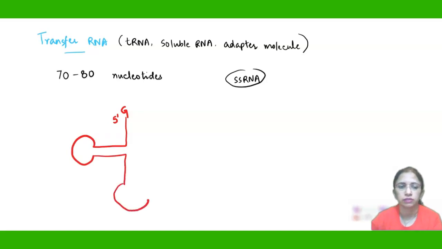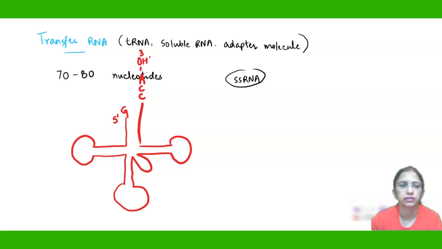These are the various arms which we are required to make. There will be a variable arm, and then it will end here, with a sequence of CCA and an OH end, and this is our 3' end.